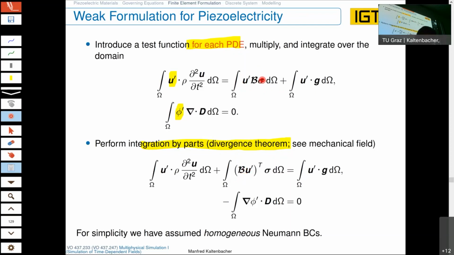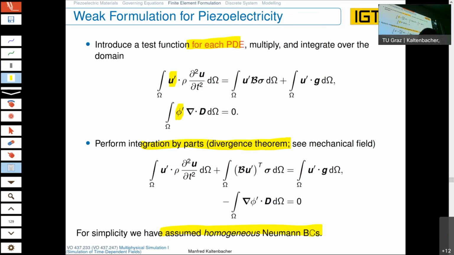And the same is assumed here. We also apply the divergence theorem here, so we get just this term because we assume a homogeneous Neumann boundary condition, as written here, both for the stress as well as for the dielectric displacement D.